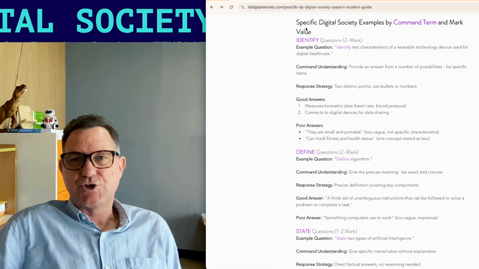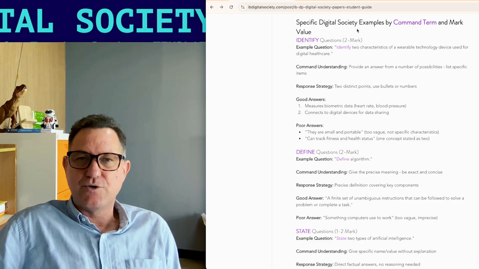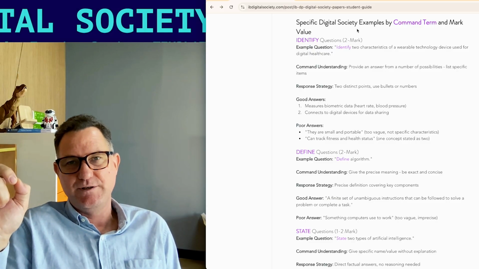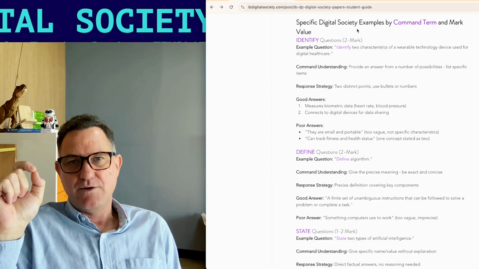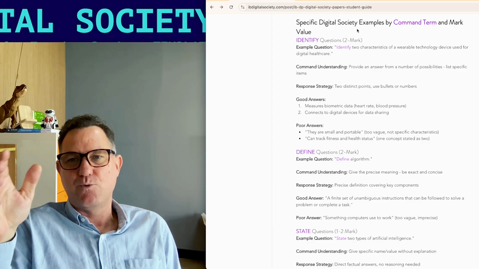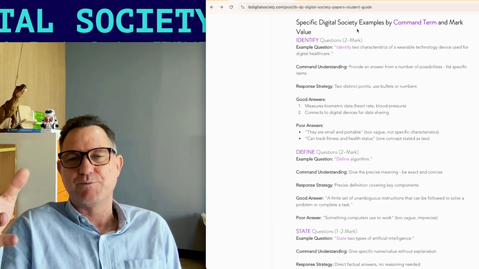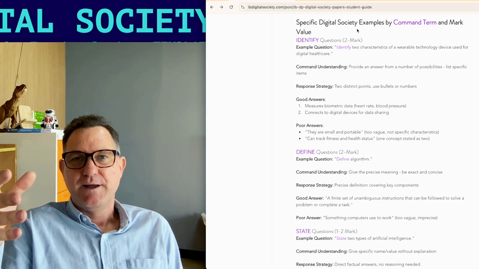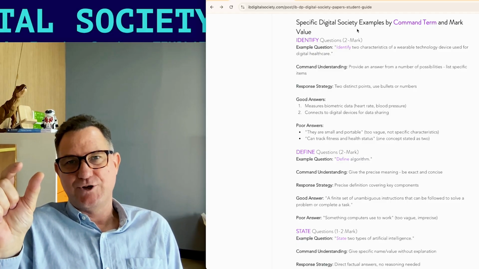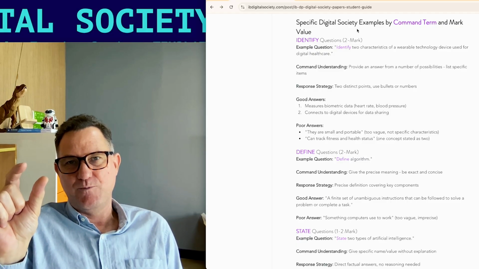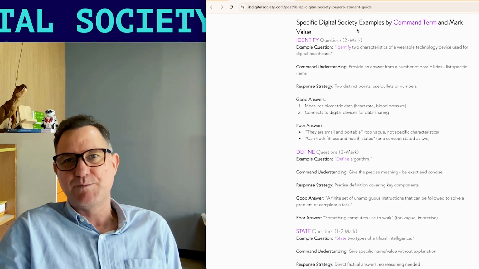So this next section is focusing on some actual exam questions, and there's an emphasis on different command terms. What I'm trying to explain or teach you is to look for the command term, because the command term warrants a specific response.